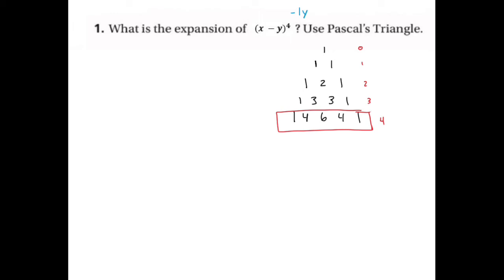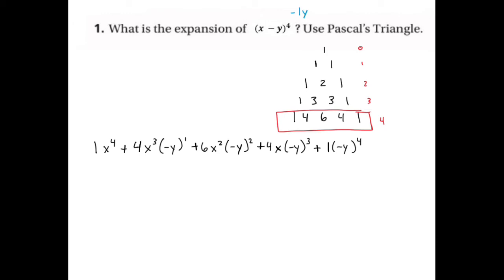So we'll start with 1, x to the fourth, y, negative y to the 0 is going to be 1, so we don't worry about writing it, plus 4, x to the third, negative y to the first power, plus 6, x squared, negative y to the second power, plus 4, x, negative y to the third, plus 1, negative y to the fourth.